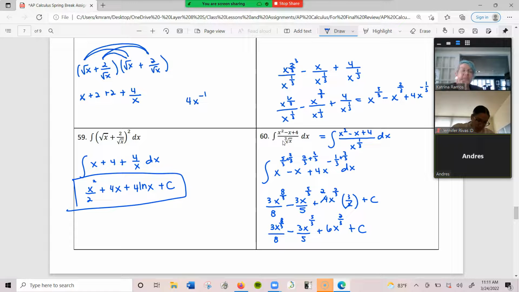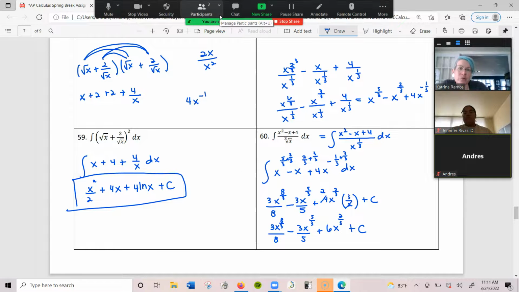Or let's say if you have like 2x over x squared. This is also ln. I mean, you can simplify it, right? Which would be 2 over x. So again, you should recognize that as ln. Or you can also say, oh, 2x is the derivative of x squared. So this is the same thing as the ln of x squared.